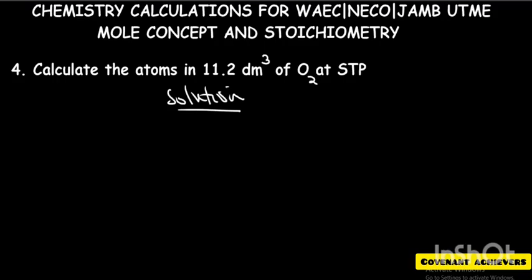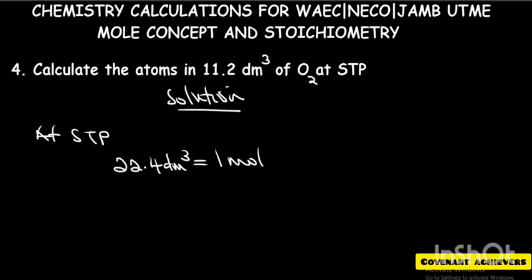Mole of oxygen. And since we are given standard temperature and pressure, we are going to look at it that at XTP, the volume is 22.4 dm cube. That's the standard volume, the molar volume, and this equals 1 mole at XTP.